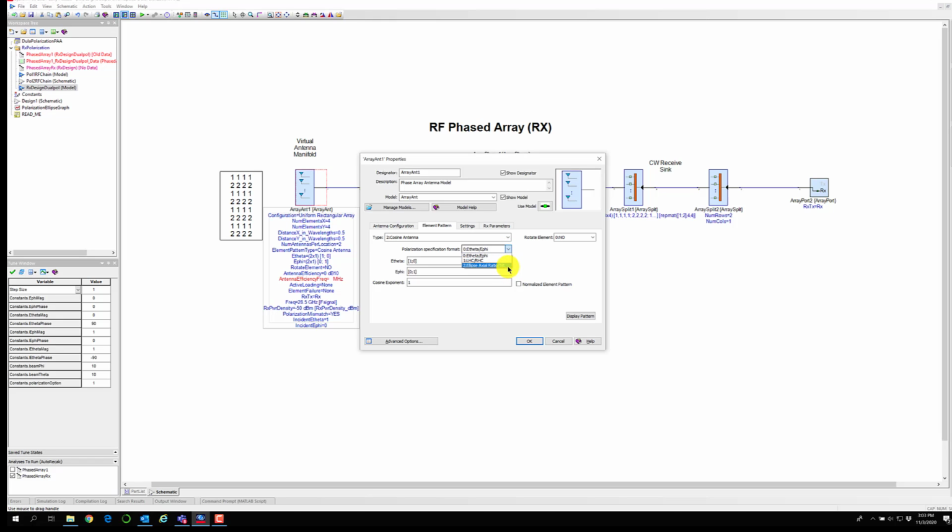Or you can even specify the axial ratio for the ellipse to specify the polarization between them. Here, we chose a cosine type of shape for the antenna beam pattern, and we defined one set of 16 antennas, all having E theta orientation only, and the other 16 having only E phi orientation.